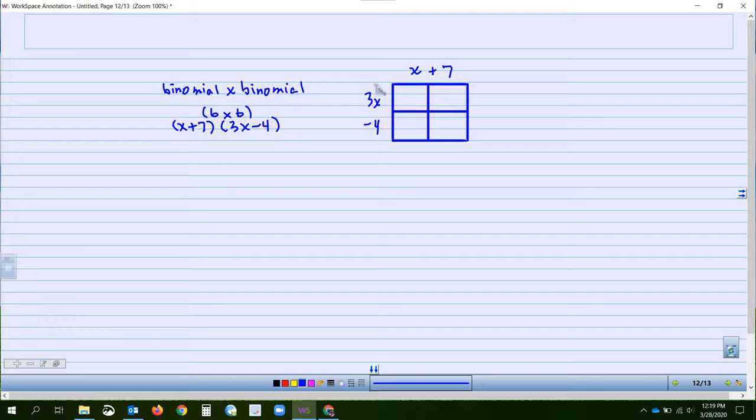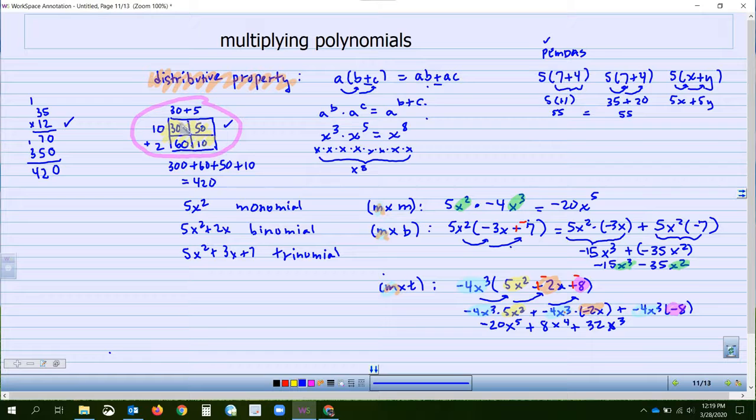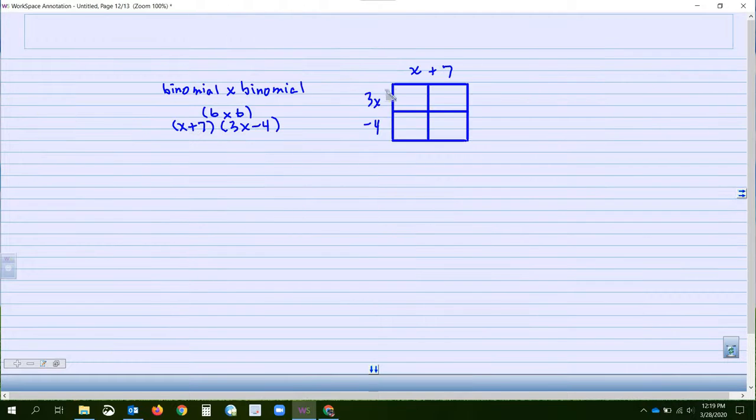So the first term in this one is x, the first term in this one is 3x. Then I've got the second terms there, and we're going to fill in each of these boxes using multiplication in the same way we filled in each of these boxes before. Only this is a little easier because we don't have to worry about place values and where to put zeros or things like that.